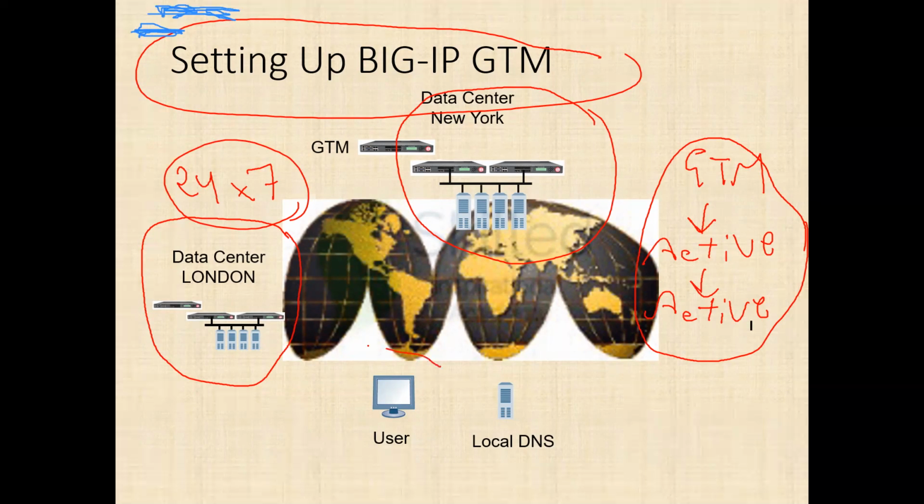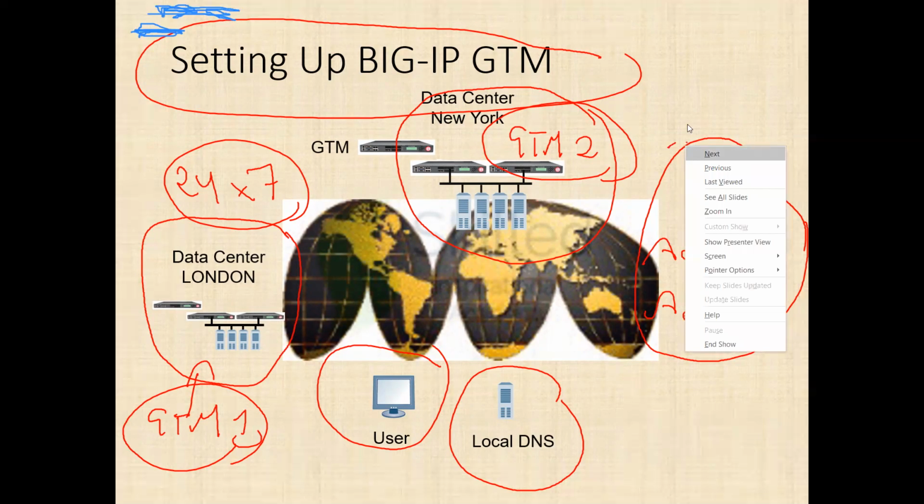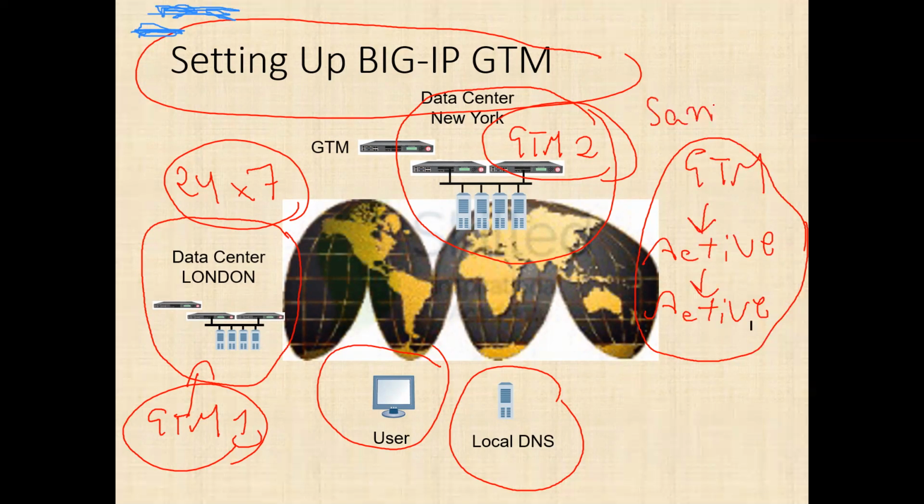In our topology, we have a workstation, a local DNS, and two data centers with a GTM in each data center: GTM1 in London and one GTM in New York. I will show the lab topology soon, but this is how our GTM setup is. The same application is deployed in London and in New York.